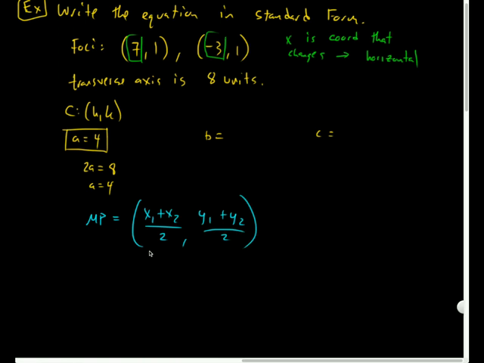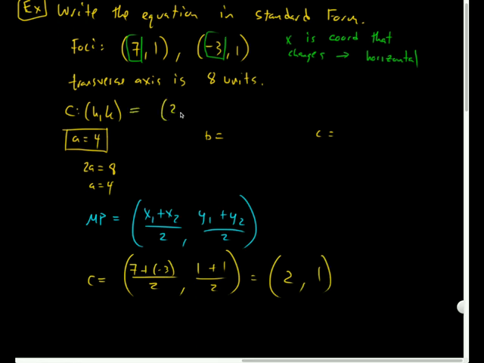So the midpoint formula to find the center is going to equal 7 plus negative 3, divided by 2, and 1 plus 1, divided by 2. 7 plus negative 3 is 4, 4 divided by 2 is 2, and 1 plus 1 is 2, divided by 2 is 1. So my center is 2, 1.